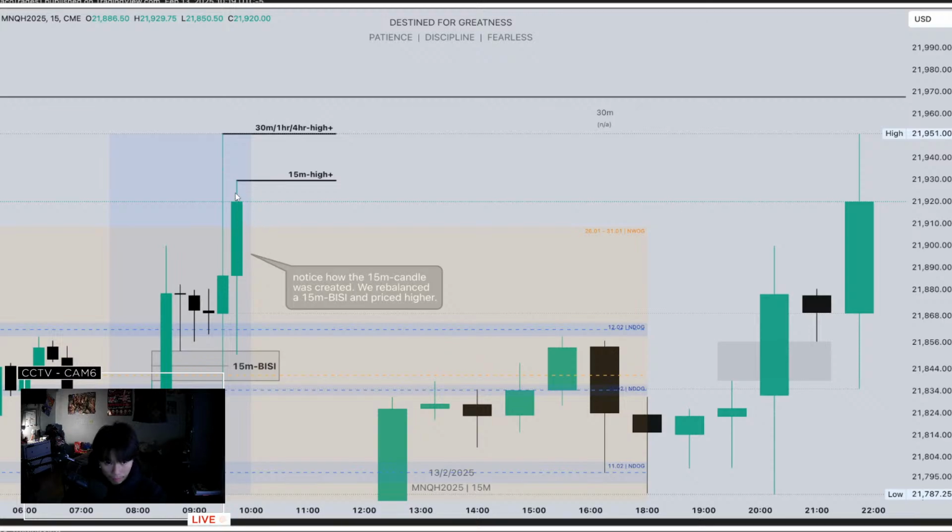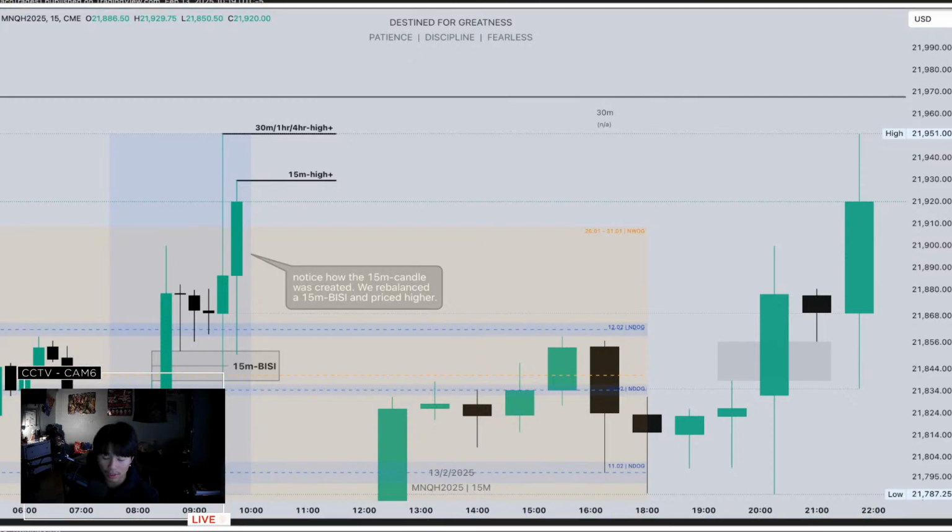So with the way that we close here on this 15-minute candle, it's suggesting bullish, right? It's suggesting to me that we're most likely going to take out this 15-minute candle's high. So now the 15-minute time frame is bullish. The 30-minute time frame, which is my higher time frame objective, my higher time frame order flow, is bullish.